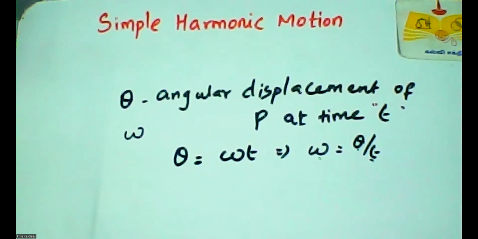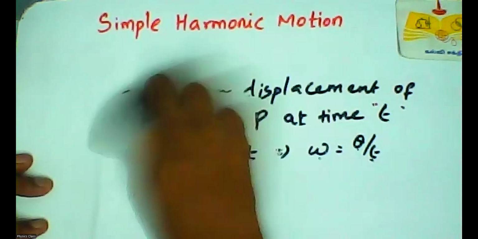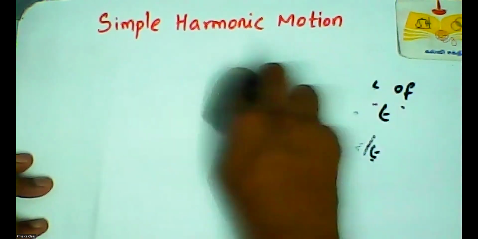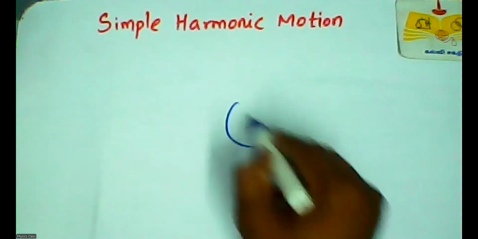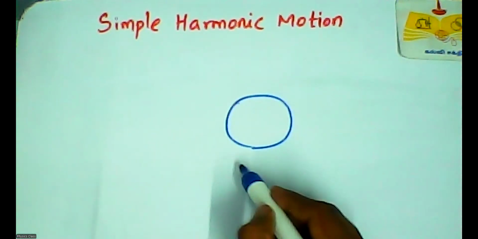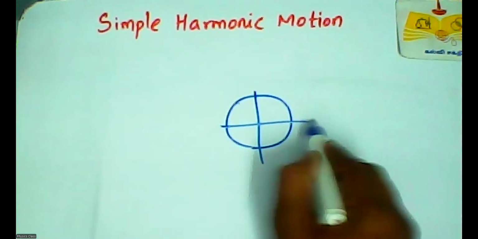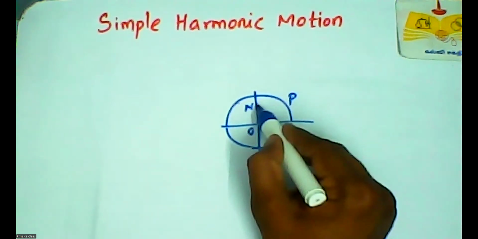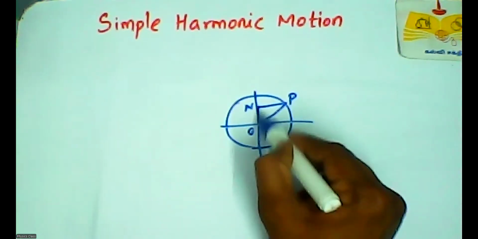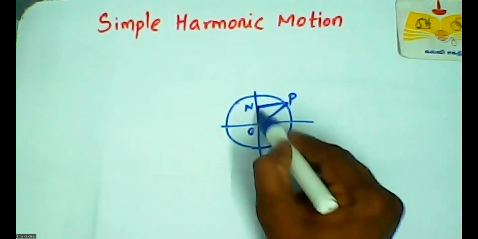So in the circle, this is O, this is P, this is the projection N. So OPN is one triangle.